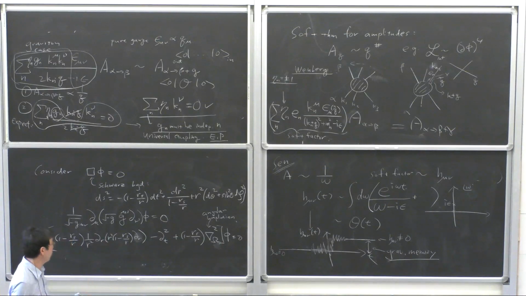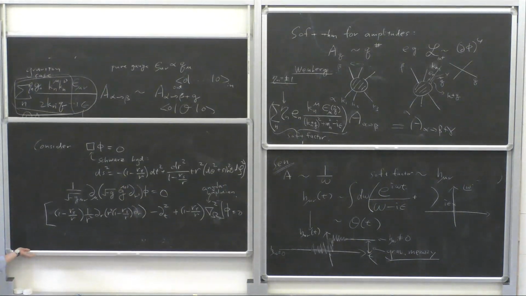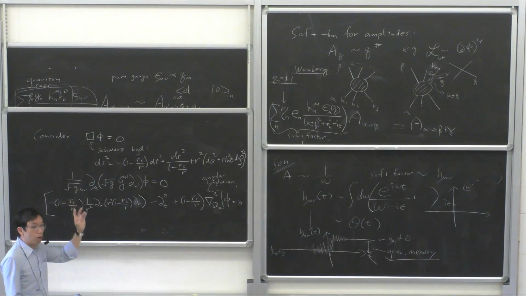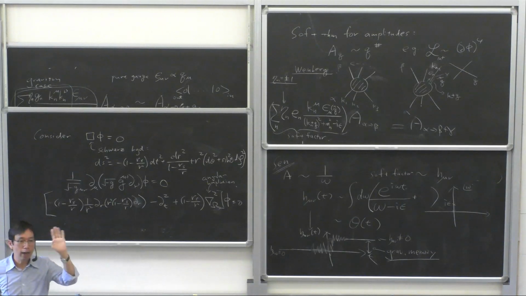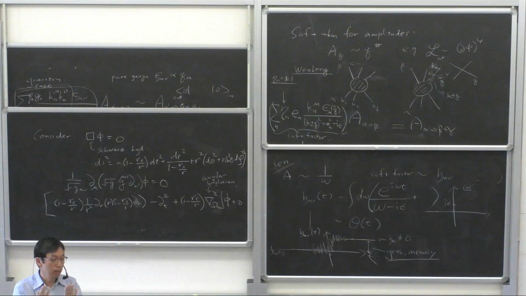Our next step would be to do the usual. We have a linear equation for phi, so usually we do separation of variables. In cosmology, we do e to the i omega t, and then we do e to the ikx, plane waves, because we have spatial translation, right?